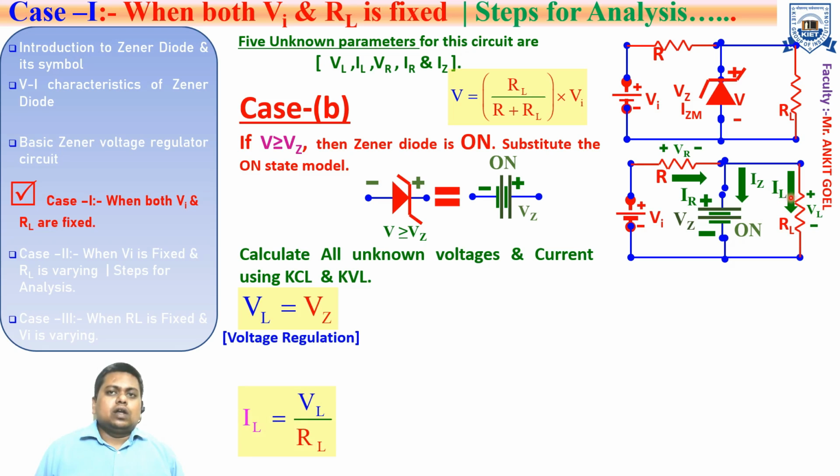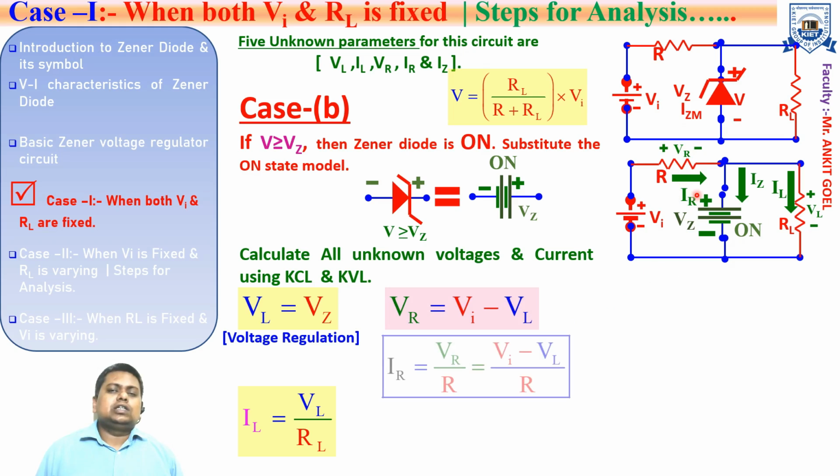Now for the series resistance, you can apply KVL in the output loop and find VR, as VR is the difference between the input voltage Vi and VL. So VR is Vi minus VL. Once you know VR, and R is given, you can find the current through the series resistance as VR upon R, or alternatively Vi minus VL upon R.